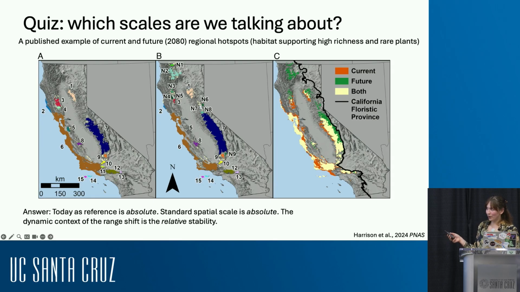Great. I think I heard relative and I heard absolute in the audience. So it's both. We're using today as a reference, so that's absolute. Our standard spatial scale is absolute. They're both being measured by the same scale. But the dynamic context of looking at this range shift is the relative stability.